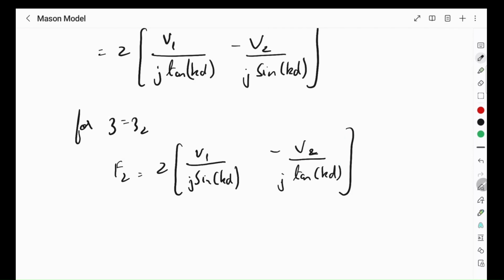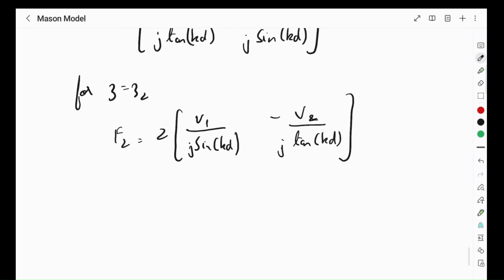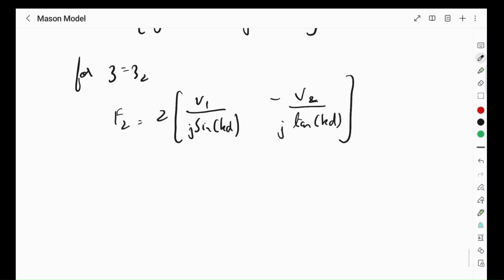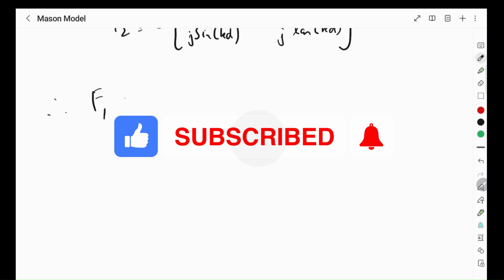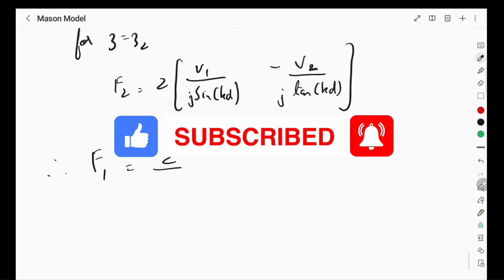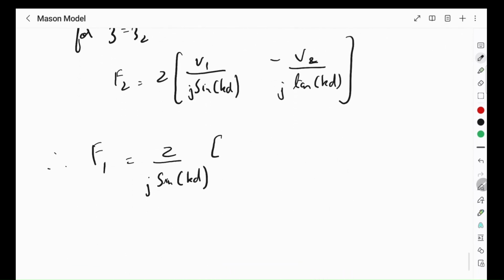So that's how you get that. Now I can write explicitly what F1 and F2 are here. So F1 is Z divided by j sin kd into v1 minus v2 plus jZ tan kd by 2 into v1.